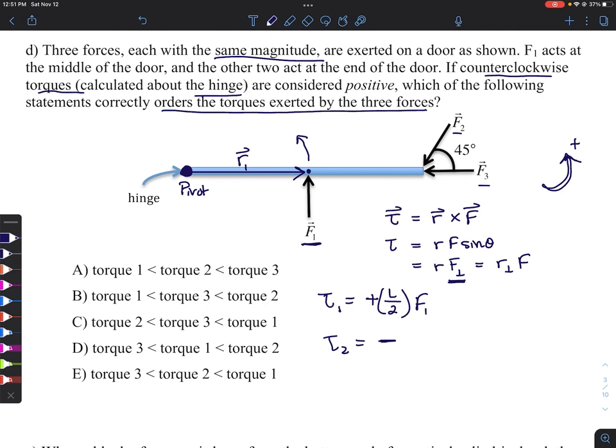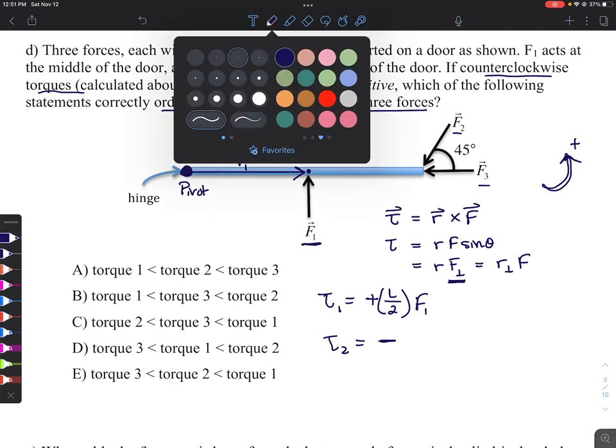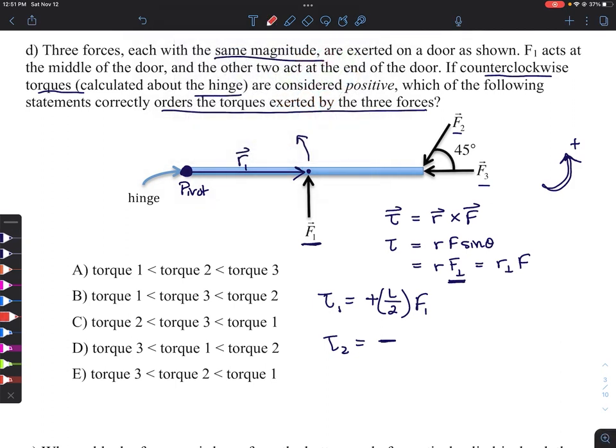Okay, so what's the lever arm? In this case, we're going all the way from the pivot to the point where the force is applied, which is way out here at the end of the door. So that has a distance L. So our R in this case is L.